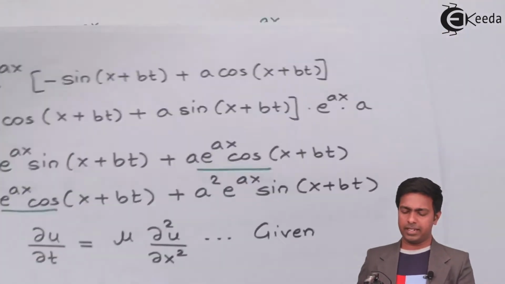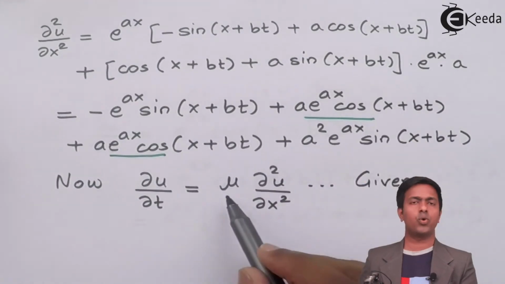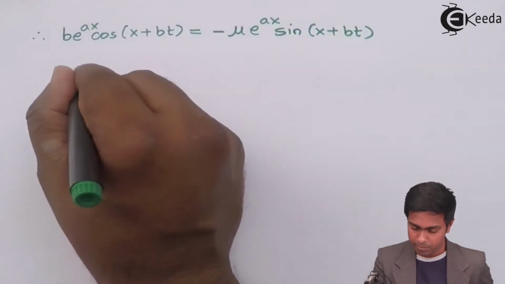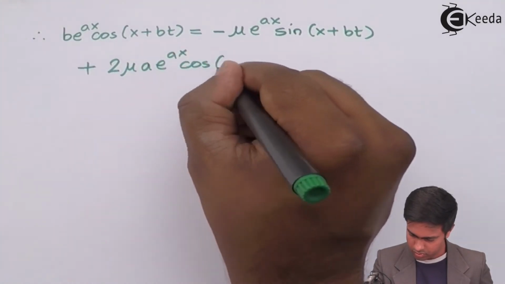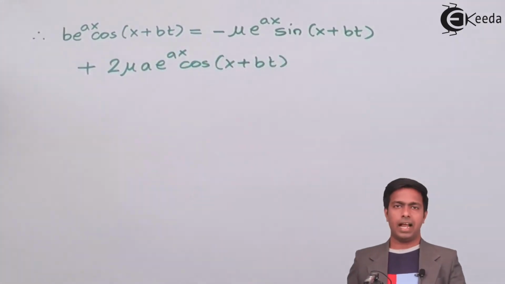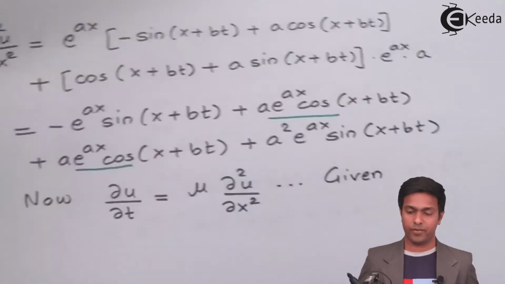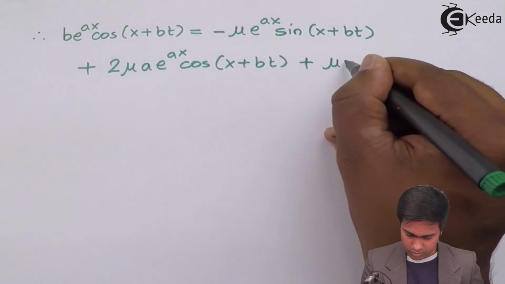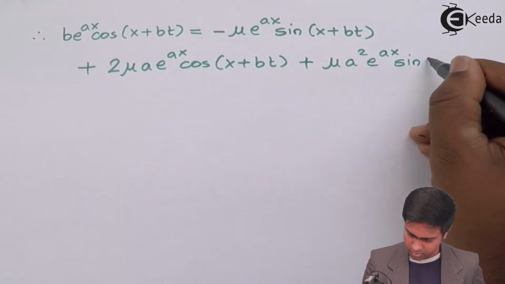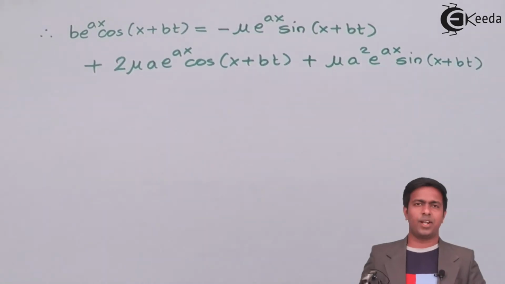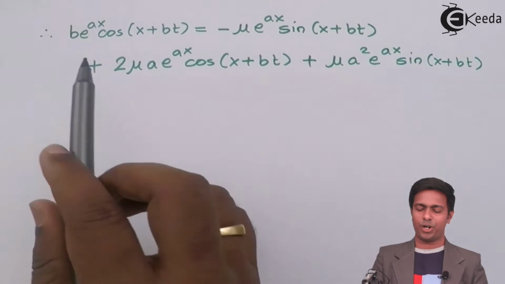Now if I multiply this second term, that is addition of these two, by mu, we will get. And if I multiply this third term with mu, then we will get. Now guys, after multiplying with mu, now we got both the sides.